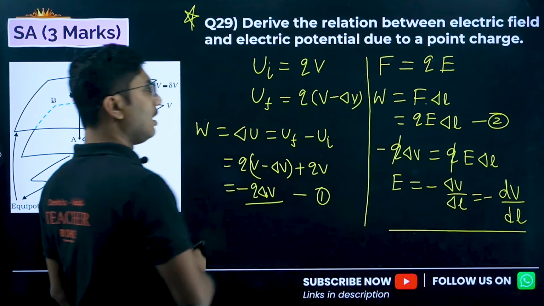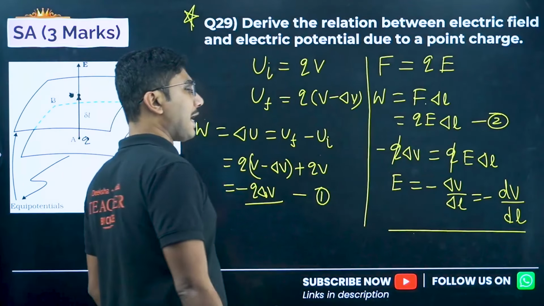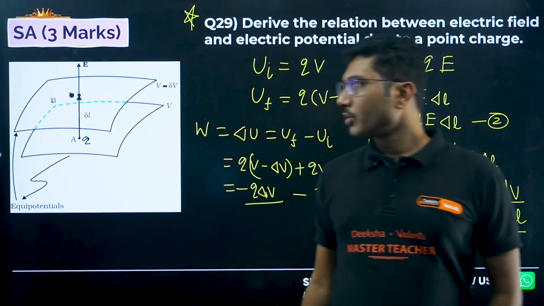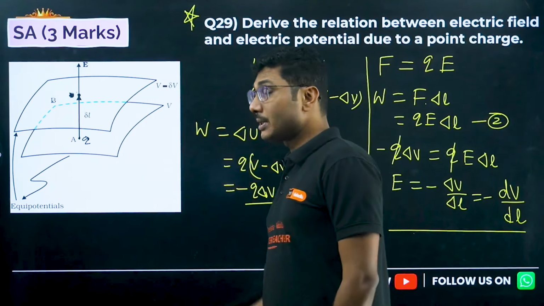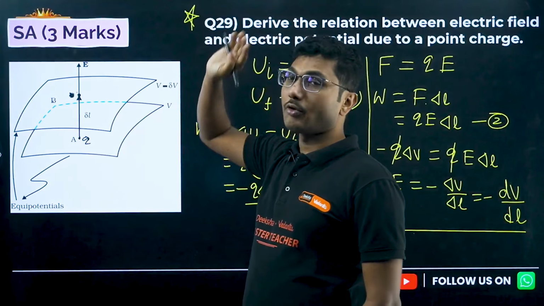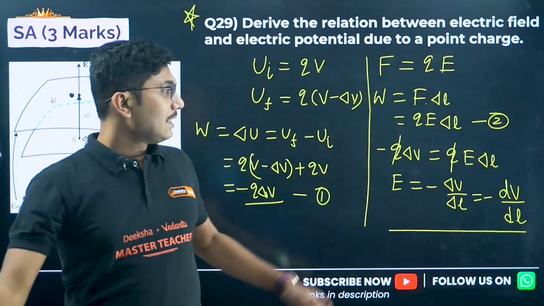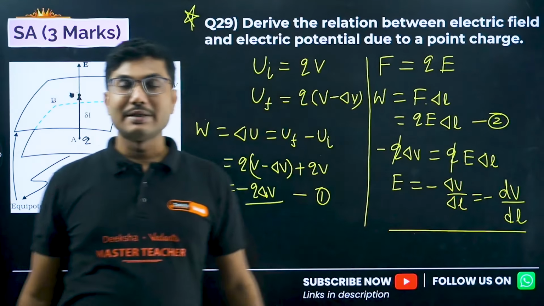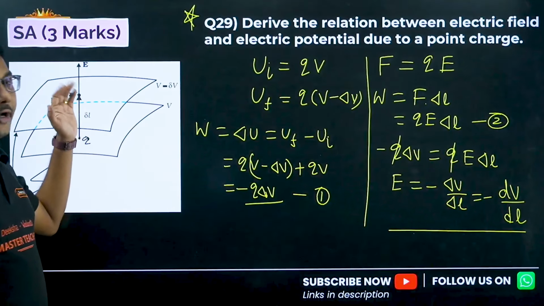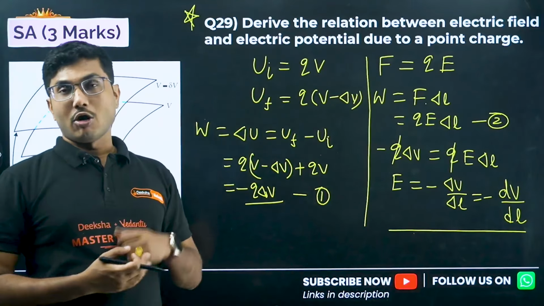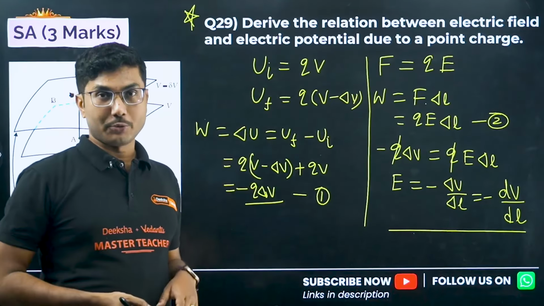This is the relationship between electric field and electric potential. Remember that electric field points from higher potential to lower potential. That is why there is a negative sign.